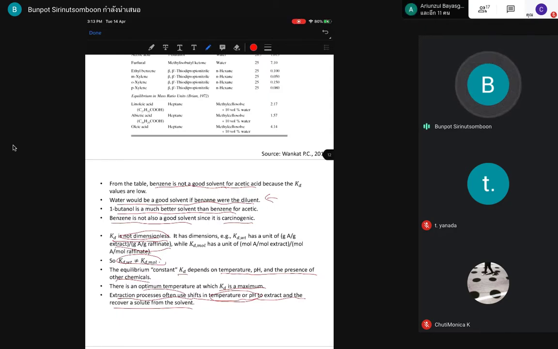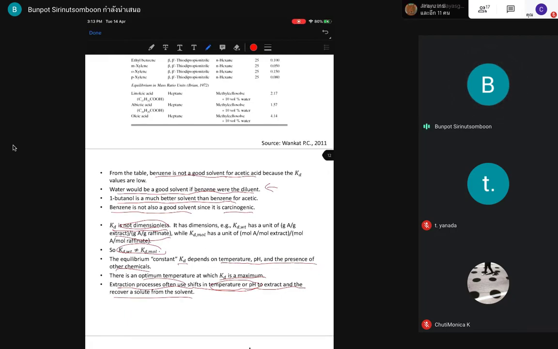So basically this is a high-level technique of extraction process control. You can use temperature and pH to manipulate your process to make it work as you want.